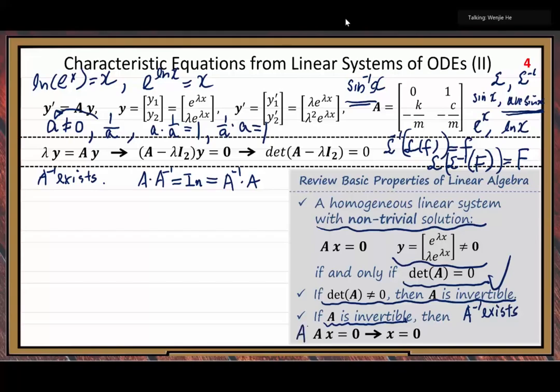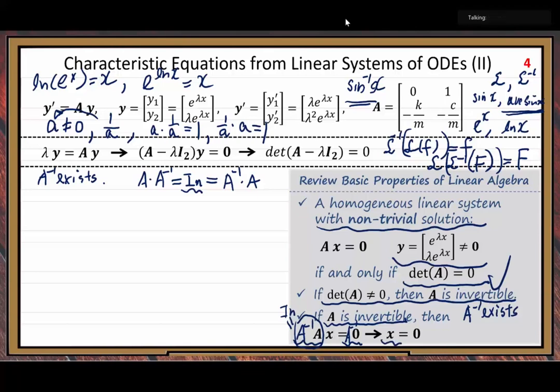On the right-hand side, you multiply the inverse with the 0 vector, it's a 0 vector. But on the left-hand side, A inverse multiplied by A is the identity matrix. Then the identity matrix multiplied by X is still X. So X equals 0.